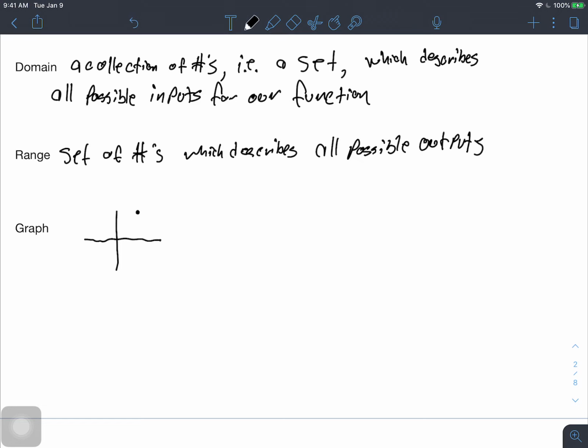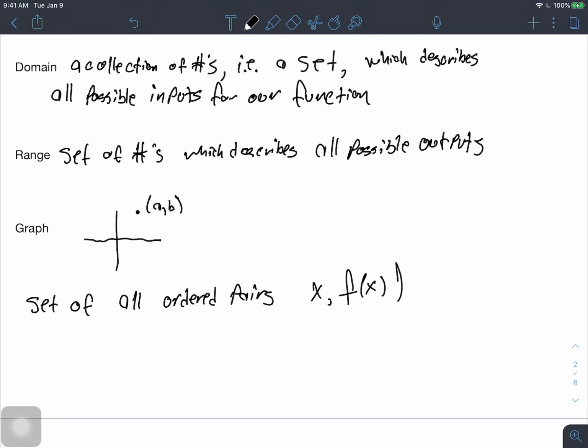With coordinates, that's right. An ordered pair, right? A comma B. This is how we describe points in two-dimensional space with an ordered pair. And a graph is going to be a set of all ordered pairs x comma f of x, where x is in the domain.